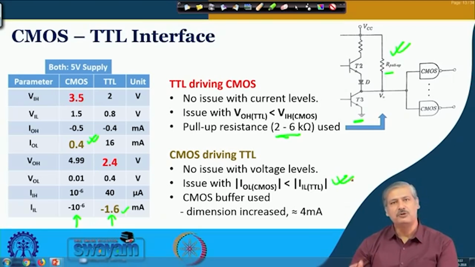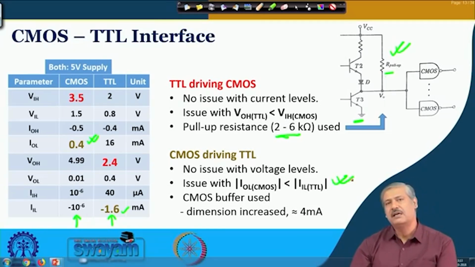To overcome that, what is used is a CMOS buffer. After the CMOS gate, another CMOS gate will be put with appropriate dimension, larger area or so, which will enable more current to be sunk.